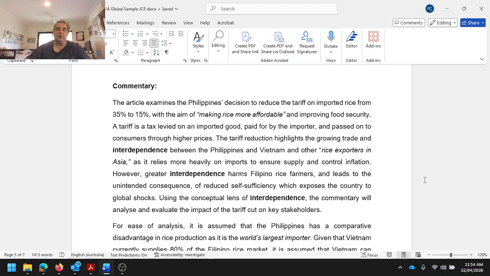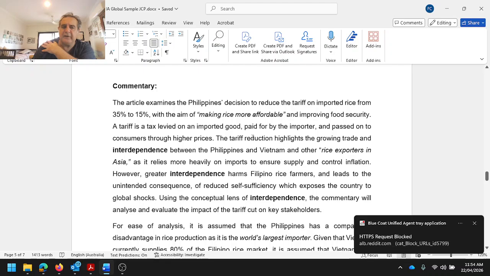Okay, so if we look through this particular opening paragraph, you can see it's about how a tariff in the Philippines on rice has been reduced from 35 to 15% in order to improve food security. The third line there is addressing the terminology criteria. It's giving a definition without giving a definition. It's just letting the examiner know that you're au fait on top of the terminology.